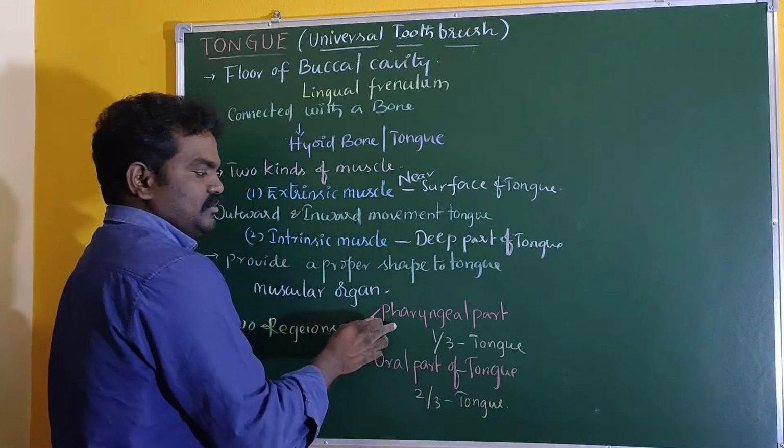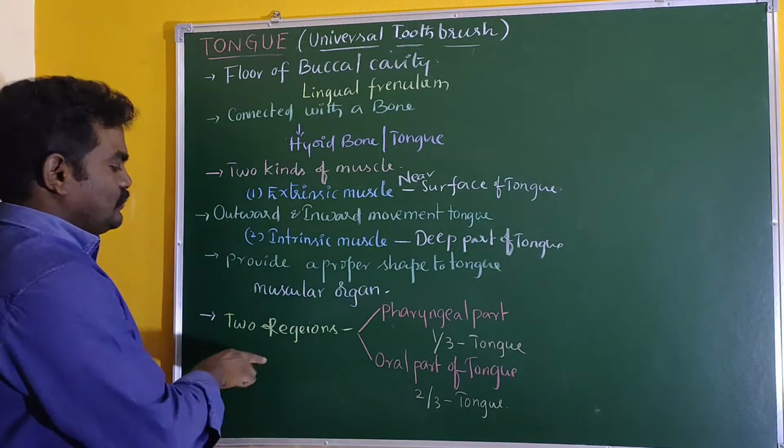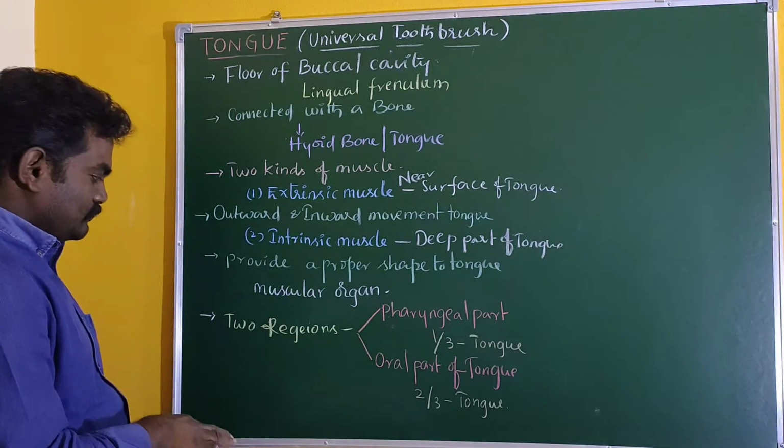It means one is near the pharynx and the other is near the buccal cavity. So these are the two regions of the tongue.